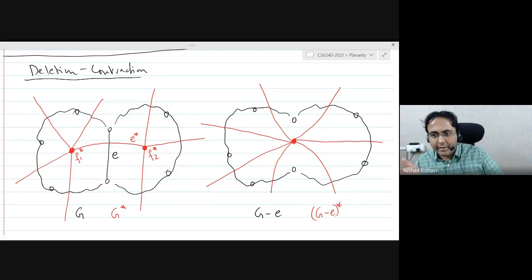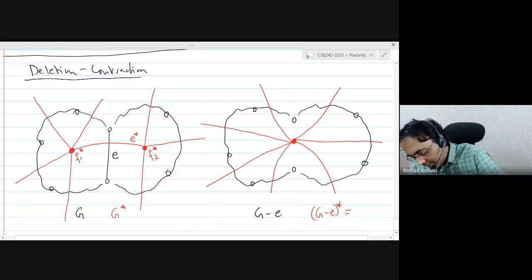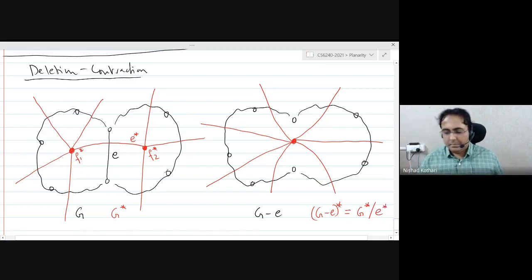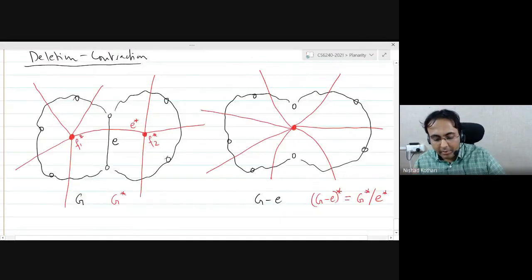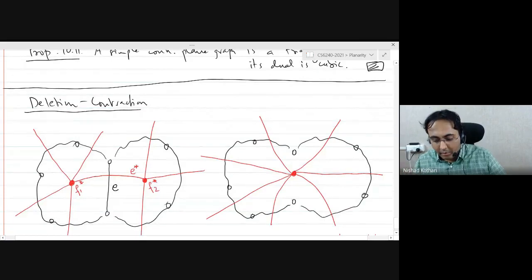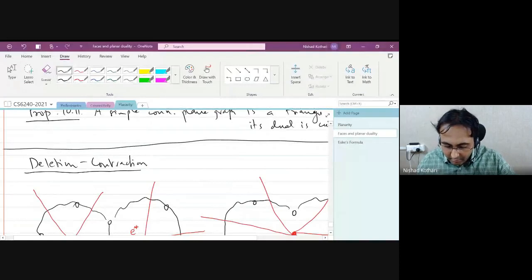We are contracting the edge E star, right? So this is exactly the same as taking the original dual and contracting the edge E star. Okay, and that is it. You can turn this into a formal rigorous proof. I won't bother doing that here because it's not going to be worth our time.